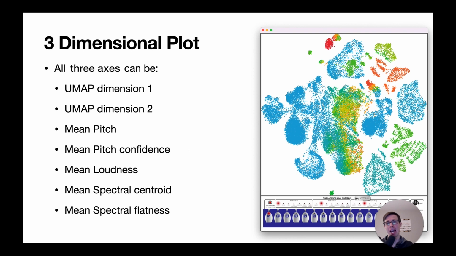Additionally, each one of the axes, the x-axis, the y-axis, and the color dimension, can represent any one of these 7 different analyses, either of the 2 dimensions that UMAP provided, but also the mean pitch confidence, mean loudness, mean spectral centroid, or mean spectral flatness of the sound slices themselves. And this is selected from the original audio analysis that we did on all of the sound slices.